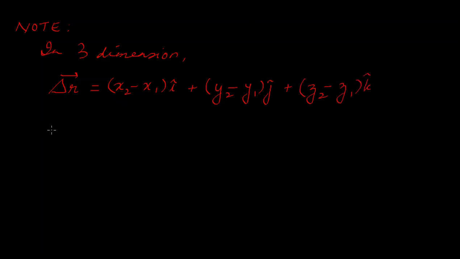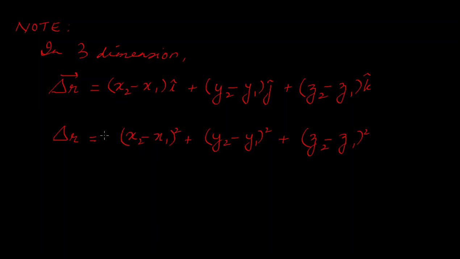Okay, and its magnitude will be delta R equal to x2 minus x1 square plus y2 minus y1 square plus z2 minus z1 square under root. All right, so that is all for the displacement vector.